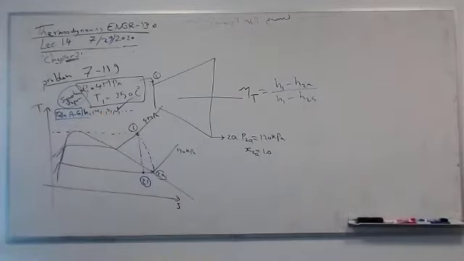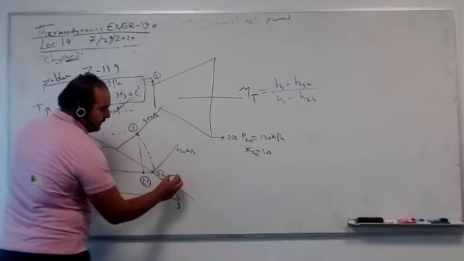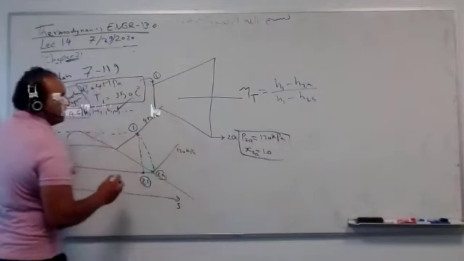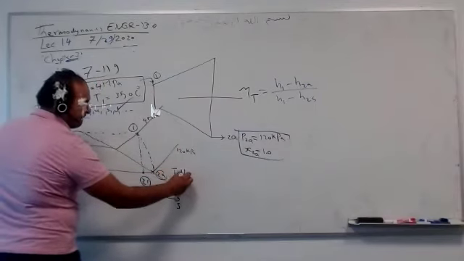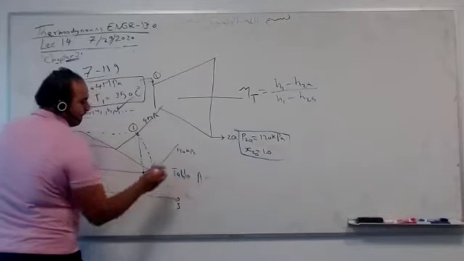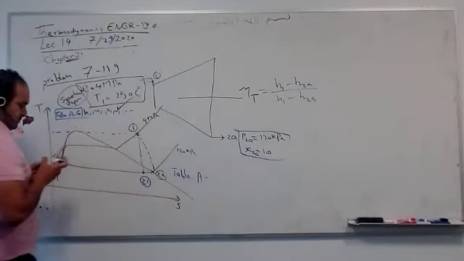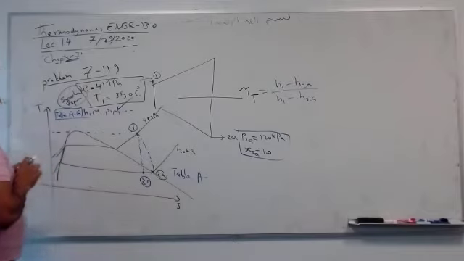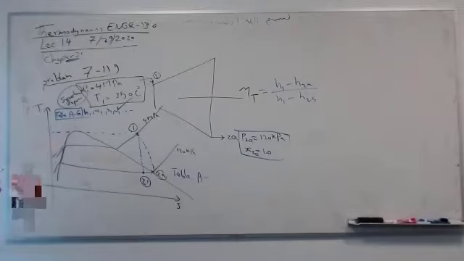Oh, that's good. How about 2A? You can get everything. You have this and this. So which table, guys? A4, for example? If the temperature is input, it's A4. If pressure is input, it's A5.